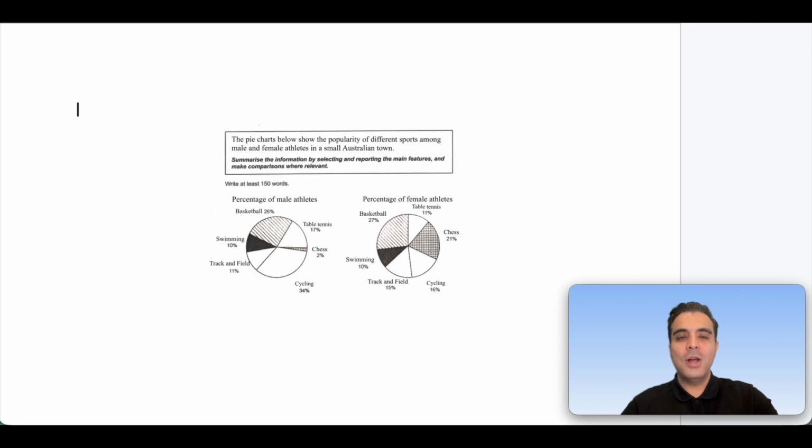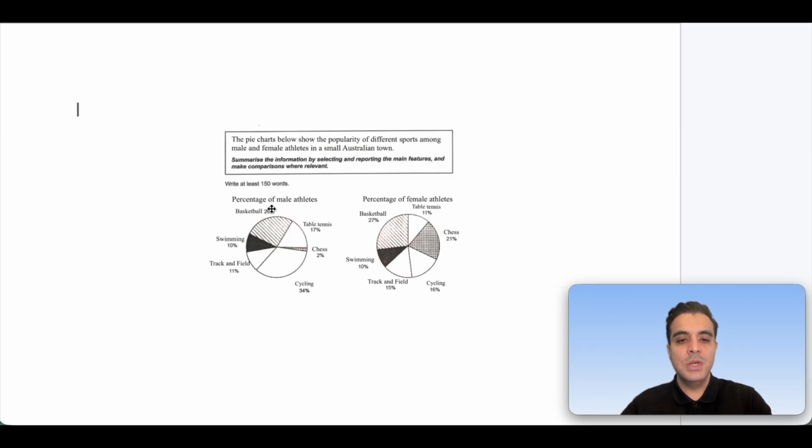Finally, we want to look at the structure we can use to compare amounts. This is when you want to say that one category had a higher percentage or higher number compared to another category. It's not the highest or the lowest, but just relatively greater than another category that we're comparing it to.